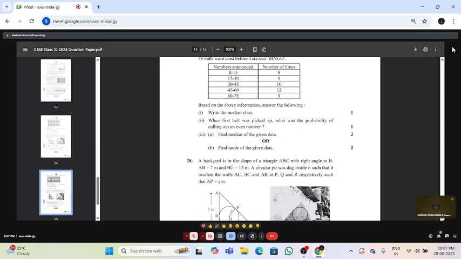Shall I rejoin, or there may be some network issue. Isra, she is able to see my screen, right, Isra and Keshav? Yes, sir. You can see the question paper now, right, Isra? Yes, I can.